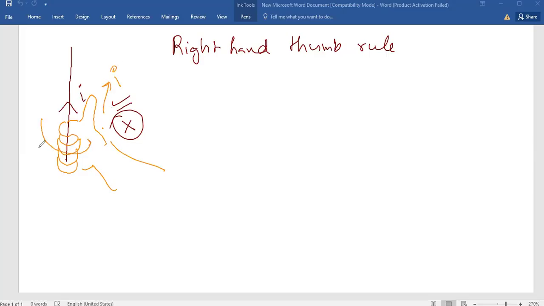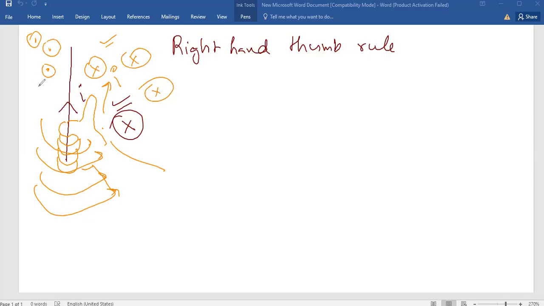Then you curl your fingers. This curling of fingers will give you the magnetic field lines. Now you see, in all the right hand region you will get only cross, and in all the left hand region you will get only dot. That is, the magnetic field is coming out of the plane of the paper here. Am I clear? Yes, sir.